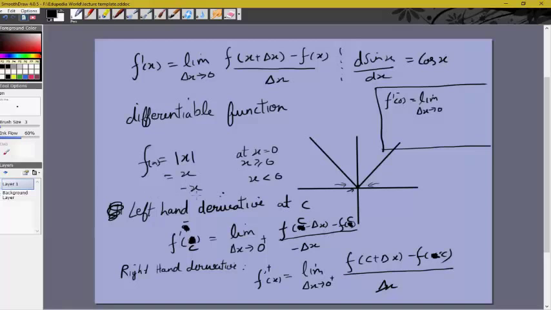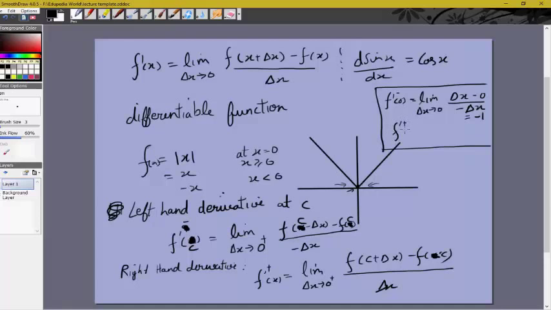But we already know that for negative it is minus x, so f of minus delta x will be delta x. So delta x minus 0 by minus delta x, which comes out to be minus 1. In fact, for x less than 0, this is basically y is equal to minus x, which does have the slope minus 1.